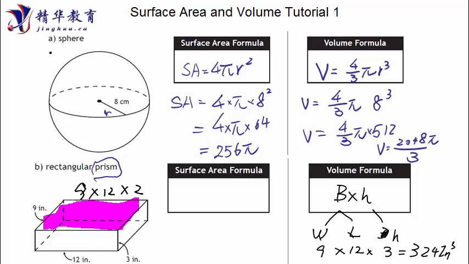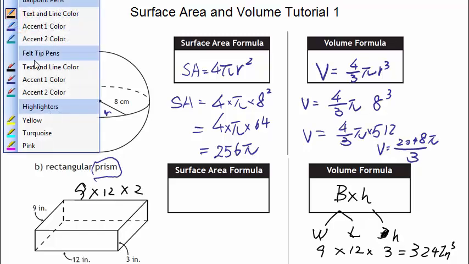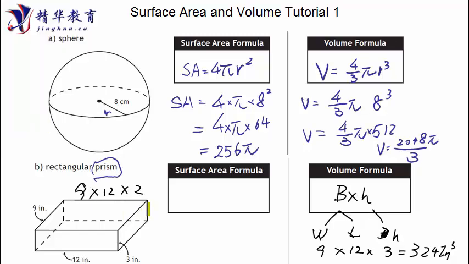Okay, the next one, let's remove this and try to find another one here, this one here and here. These two will be 9 times 3, right? This side and the other side as well are the same, so we have times 2 here.